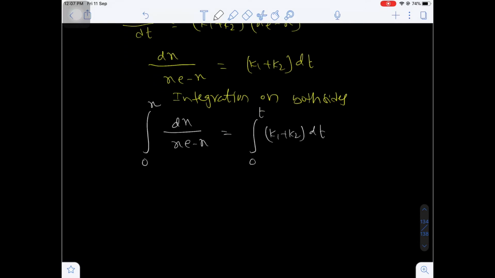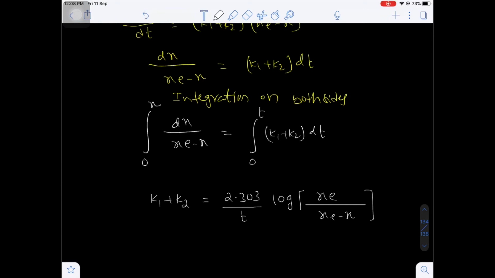We know how to integrate, because in first order kinetics we know the integration. This will be in the form of integral dx by x, that will be ln x. So finally, k1 plus k2 equal to 2.303 divided by t, log of xe divided by xe minus x.